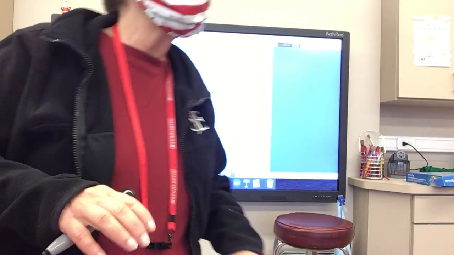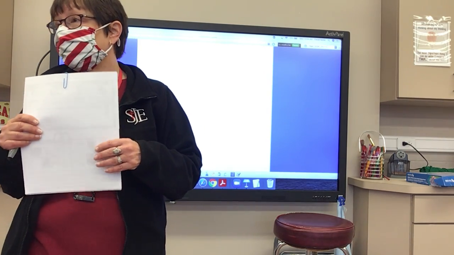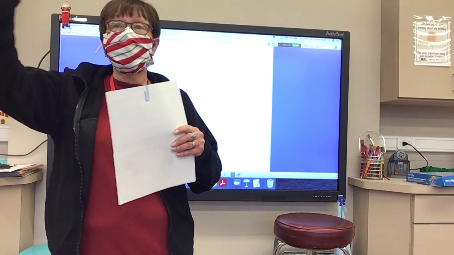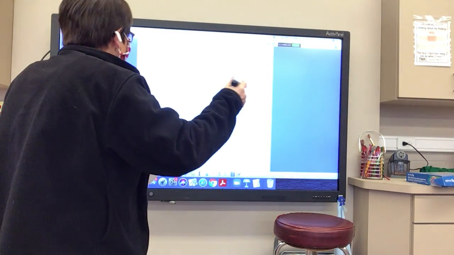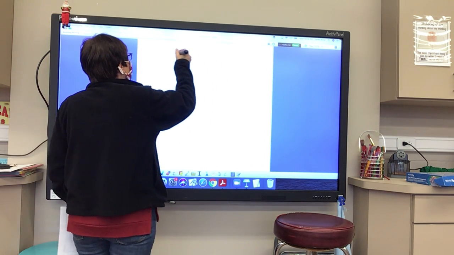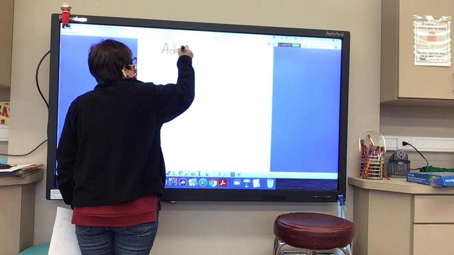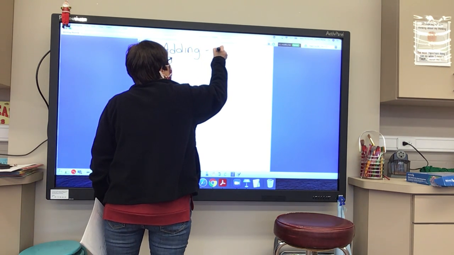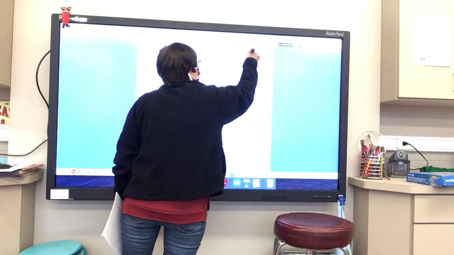Okay, boys and girls, we're going to practice adding our suffixes ER and EST. So at the top of your page, in the white, you are going to write "adding ER and EST."